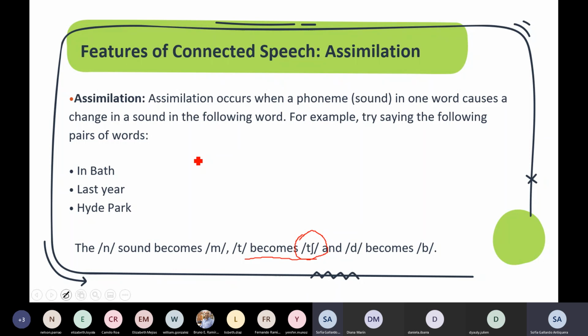There are different features such as assimilation, or we can find linking, and those things will really help you. If you study them and apply them in your speech, you will instantly notice that you sound more fluent or more native-like.